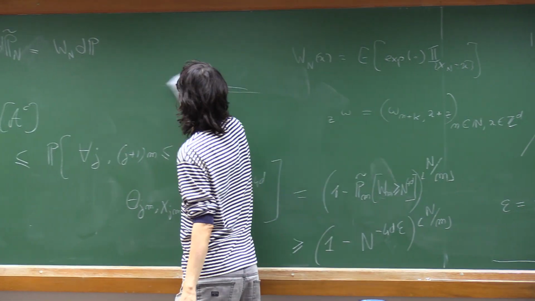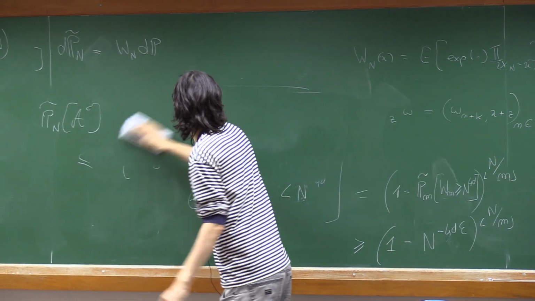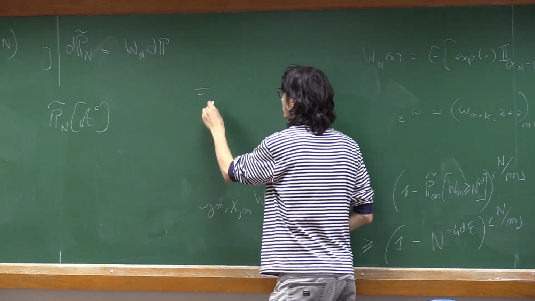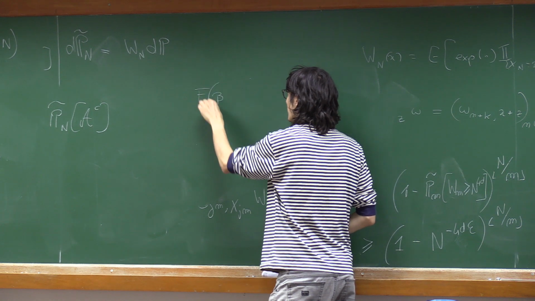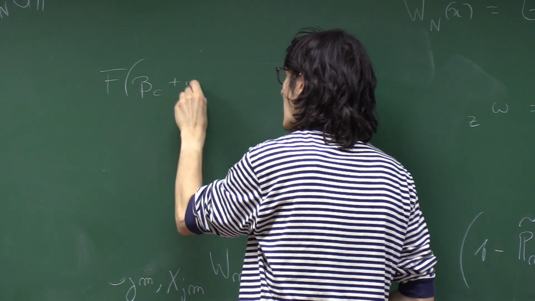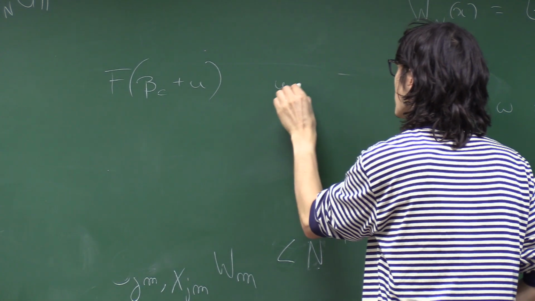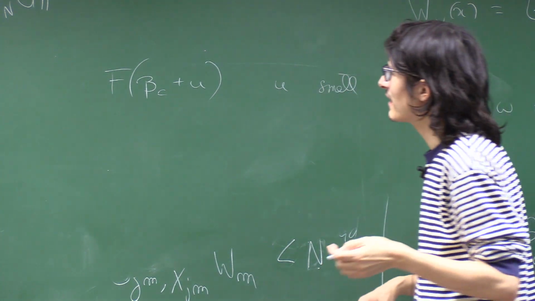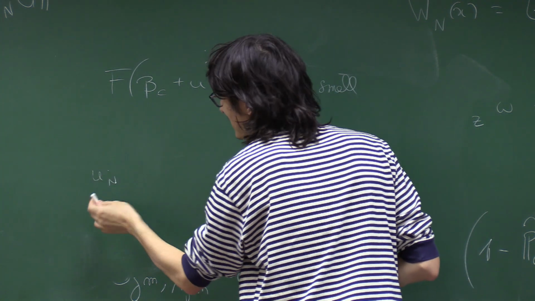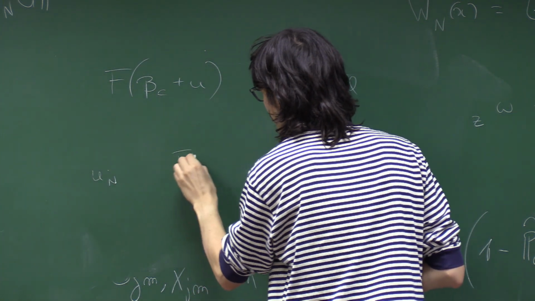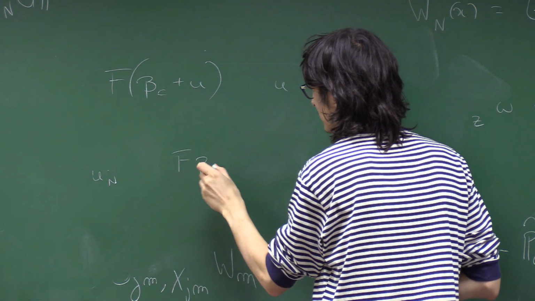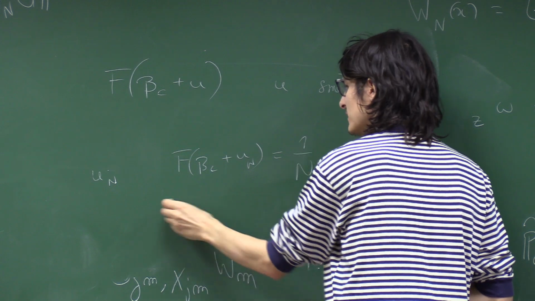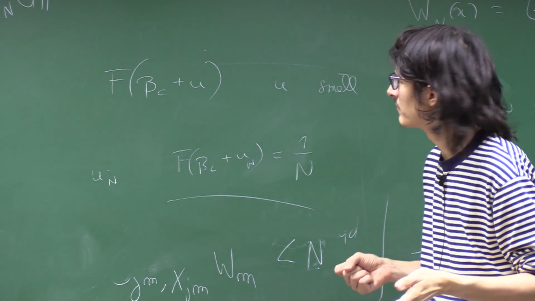Basically, the first step would be to try to understand how this behaves for u small. Okay, and then probably take u_n such that this thing is equal to 1 over n, and try to see if you see something interesting.